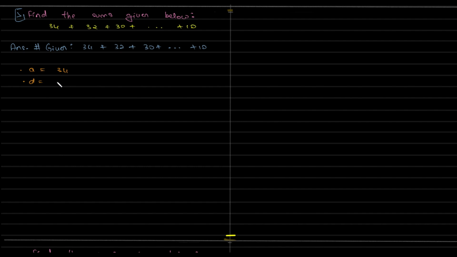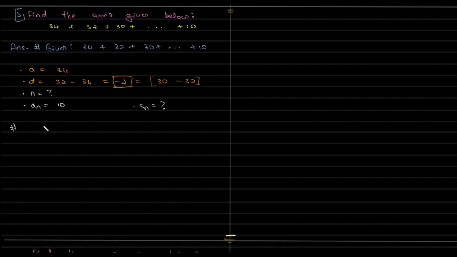The common difference is 32 minus 34, which is minus 2. 30 minus 32 is also equal to minus 2. So it's confirmed, the difference is minus 2. And n we need to find. an is 10 and Sn is what we need to find.